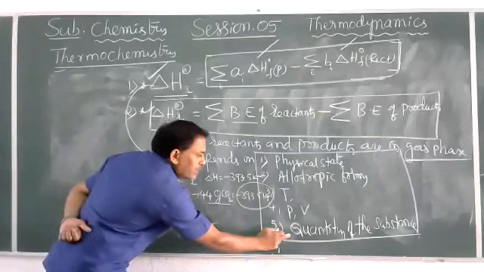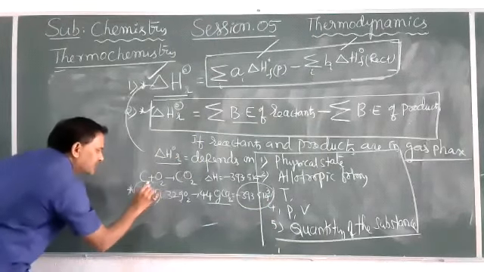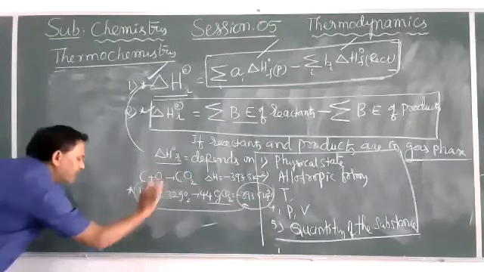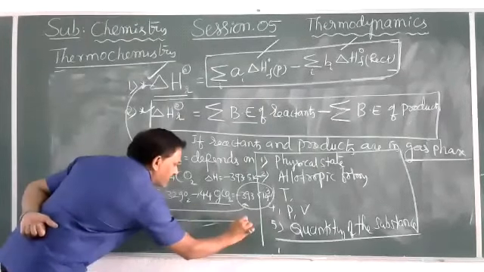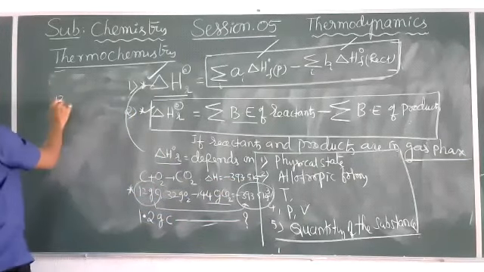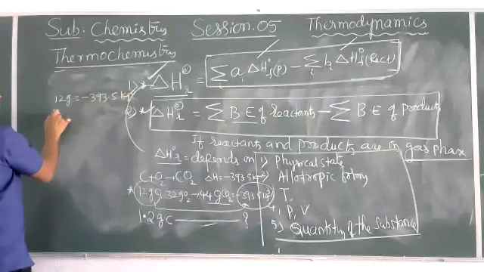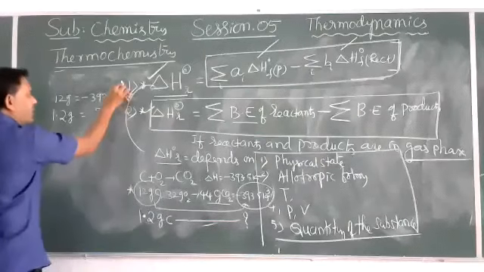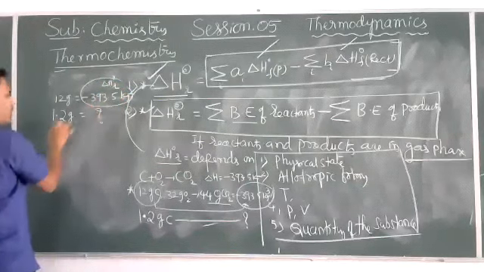Now how does quantity influence it? For that, I am giving a simple example. 12 grams of carbon combines with oxygen, it gives 393.5 kilojoules. For example, only 1.2 grams of carbon completely reacted. How much heat is liberated? For 12 grams of carbon, 393.5 kilojoules is liberated. For 1.2 grams, how much? That's why this delta H naught R value depends on quantity also.